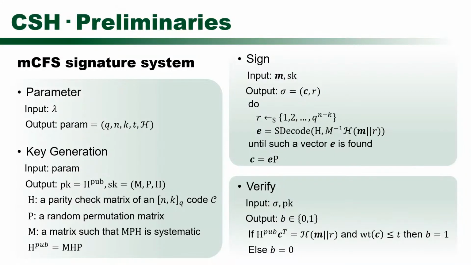An MCFS signature of a message M is generated by hashing M and a random value R into a syndrome and trying to decode it. The security of the MCFS system relies on the hardness of the Goppa code distinguishing problem and the syndrome decoding problem.